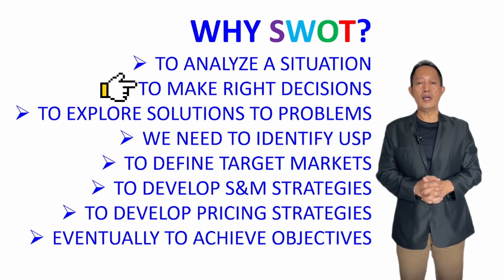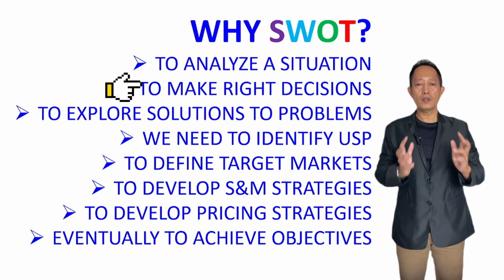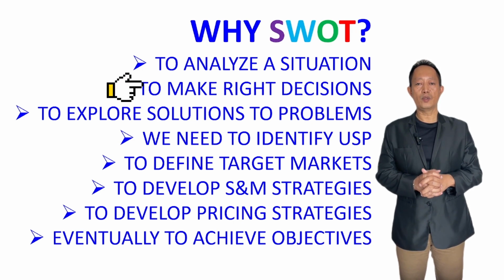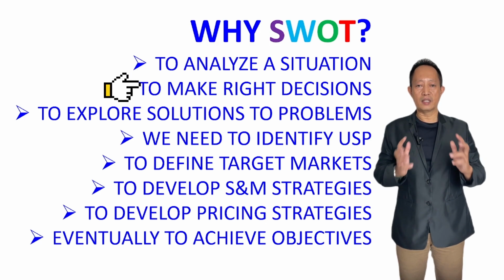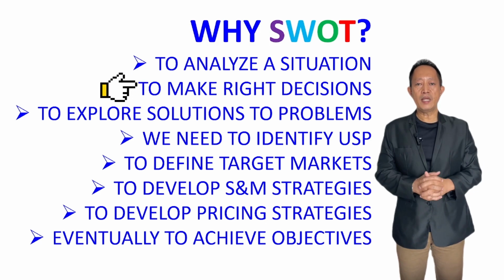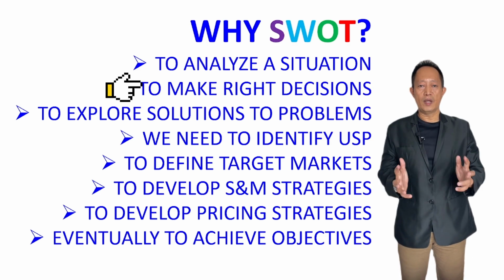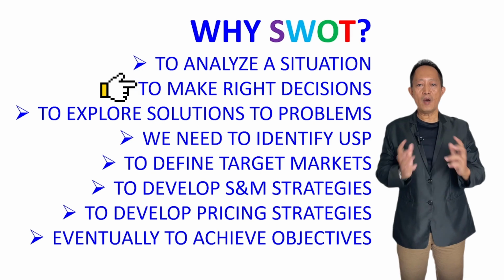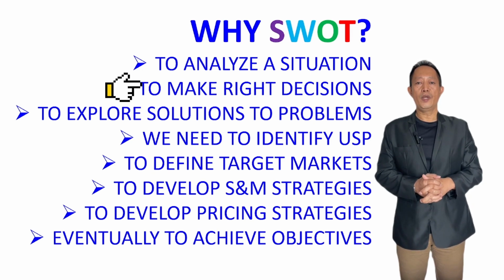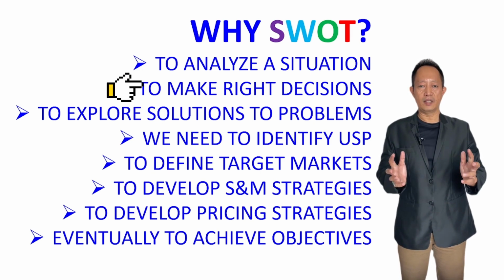Let's say I am 18 years old. I want to decide what I want to do in the future as my job. Should I be a hotelier? Should I be a lawyer? Should I be a banker? How do I decide? We need to have some analysis, correct?